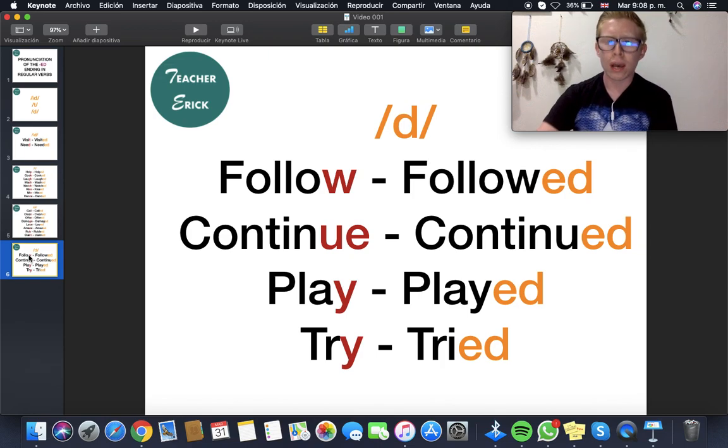We also use the pronunciation d when we have words that may have some endings sounding like vowels, even though we have maybe some consonants. For example, we have the W or the Y. They are consonants, but in the examples that we have here, they sound like vowels. So for example, we have follow. In the past, we have followed. Continue.